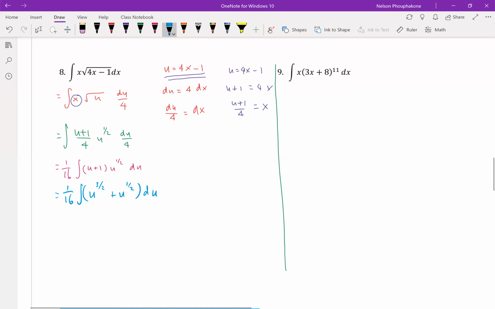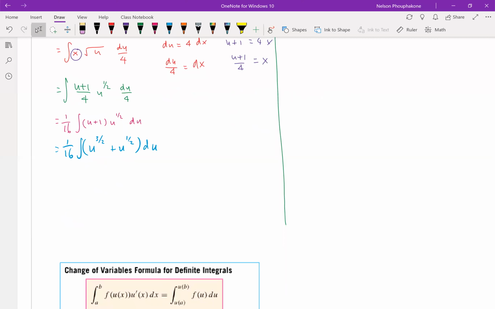Of course now I have 1/16. This one will be u to the 3/2 plus 1, which is 5/2, over 5/2, plus u to the 3/2 over 3/2, plus c.